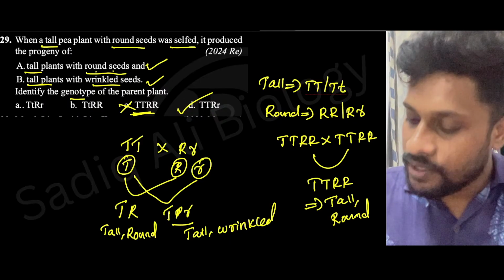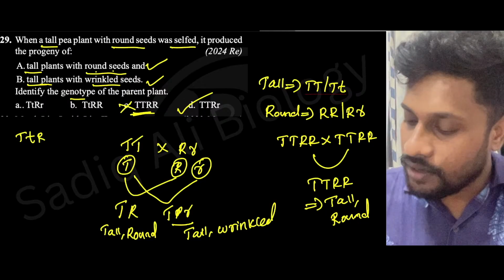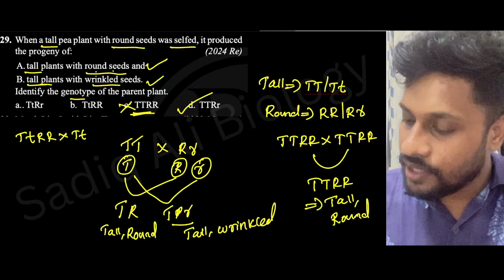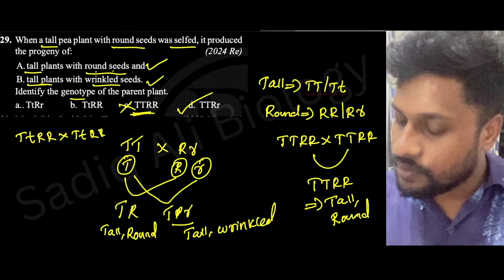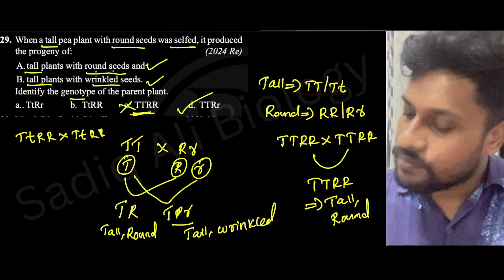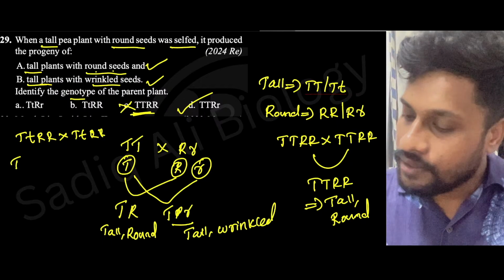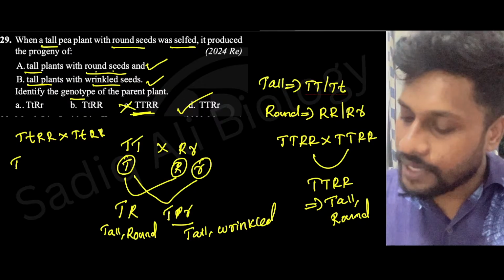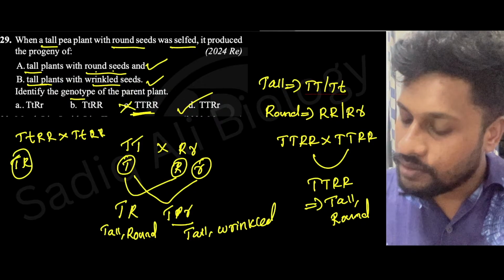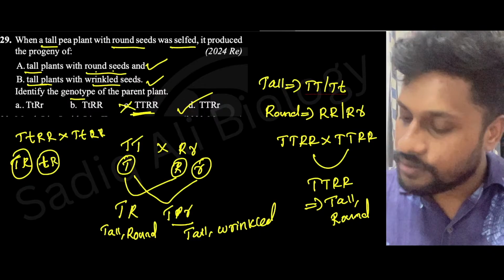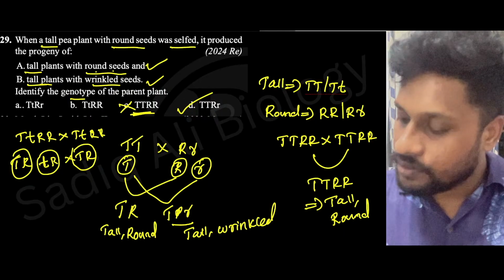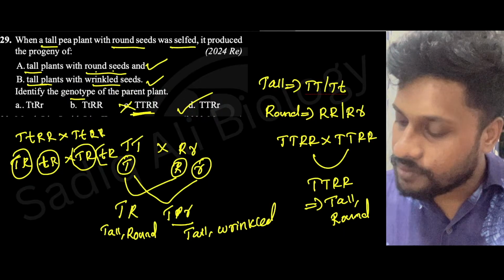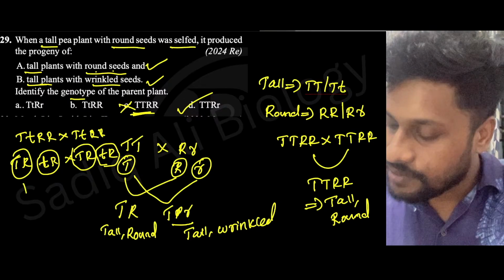Now let me take this one: capital T, small t, capital R, capital R crossed with capital T, small t, capital R, capital R. Here the possible gametes are capital T, capital R and small t, capital R. Now if I cross, what will happen, guys?